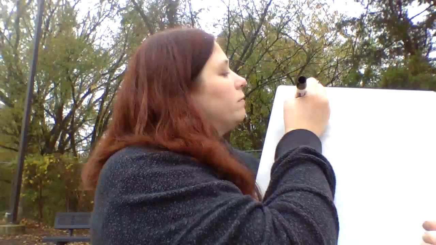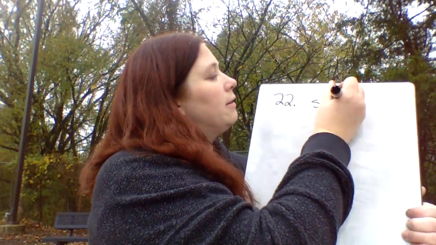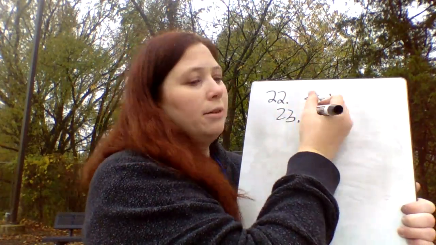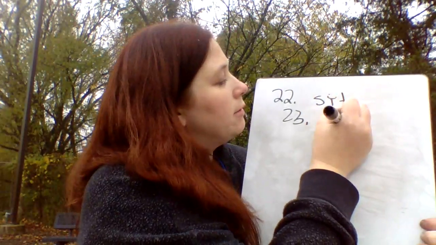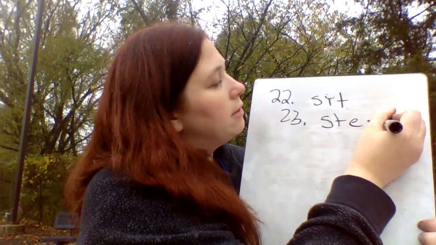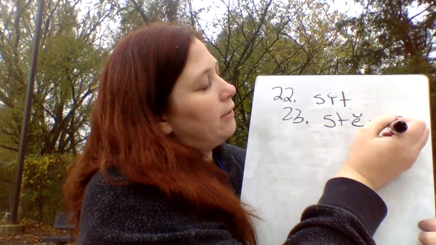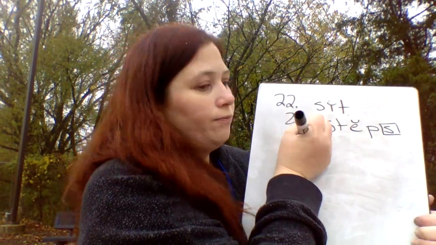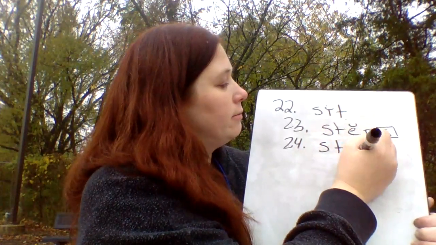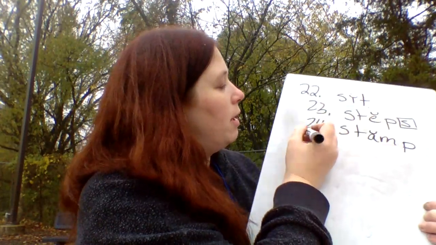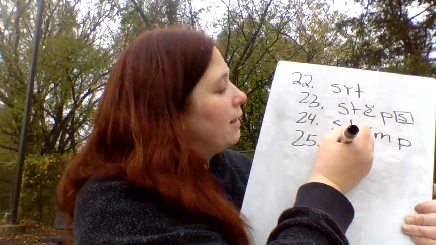Number 22, sit. Consonant vowel gets a brev. 23, steps. Box around the S, brev, or consonant vowel, so it gets the brev. 24, stamp. Consonant vowel gets the brev. 25, egg.